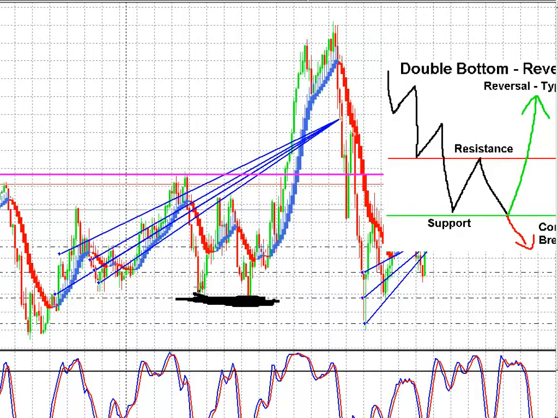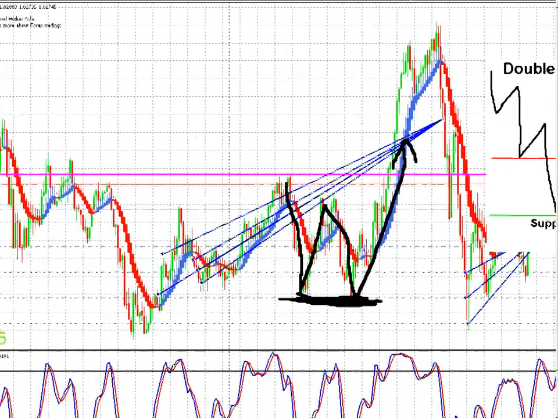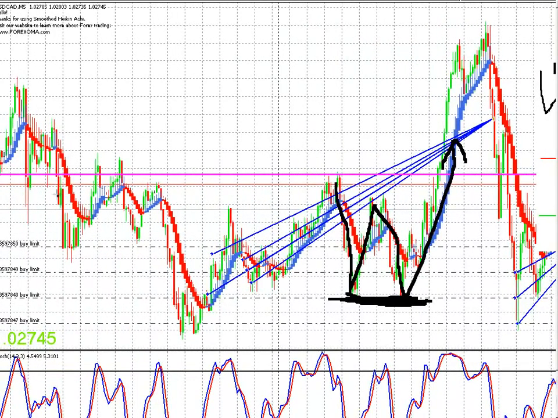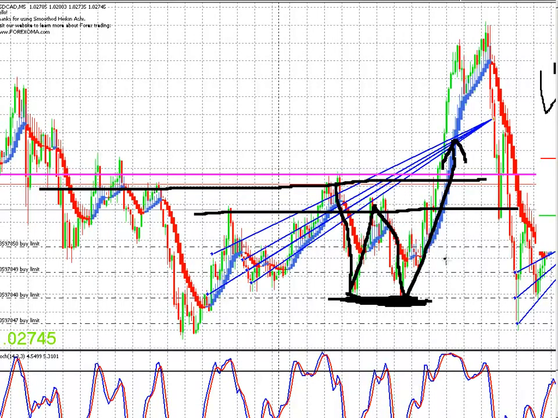That's the bottom. Goes down, bounces up, goes down, and breaks. So these were all resistance levels from before, and that's another resistance level there. And this is support. It bounced on support and broke resistance and broke out for quite a while. This is the 5-minute chart, so you can trade again every three bars.